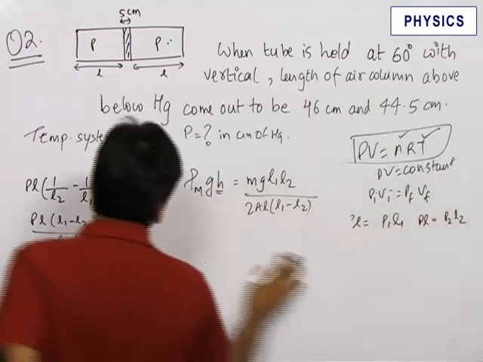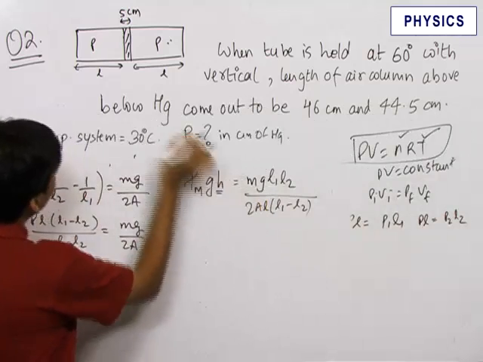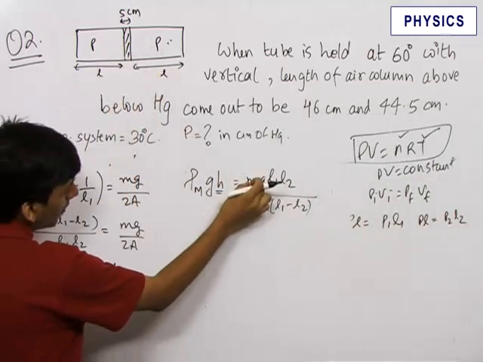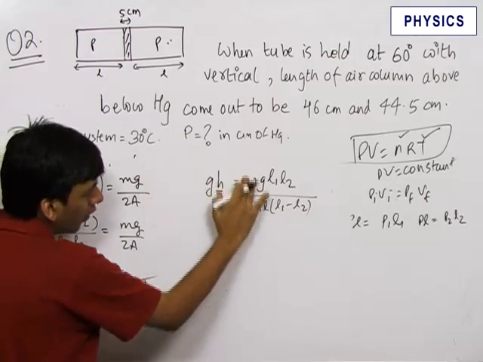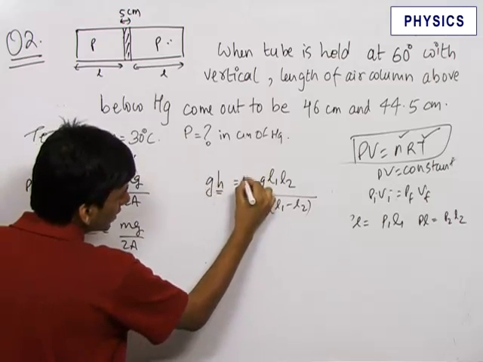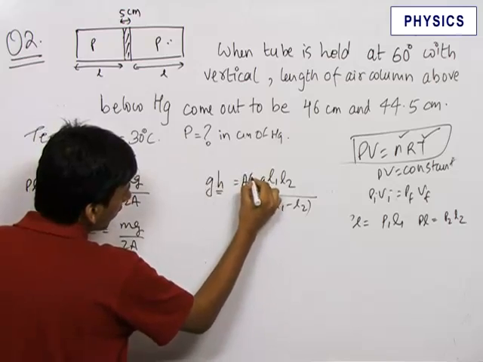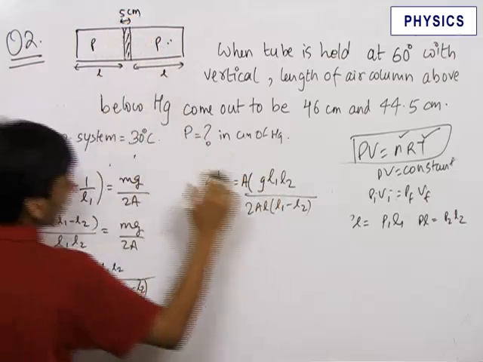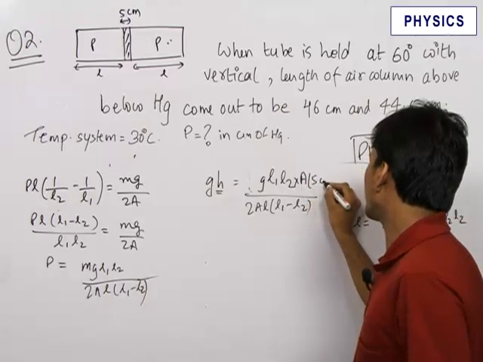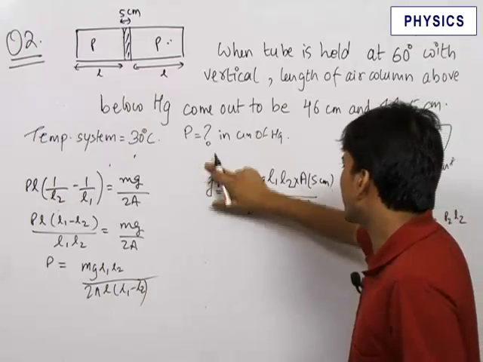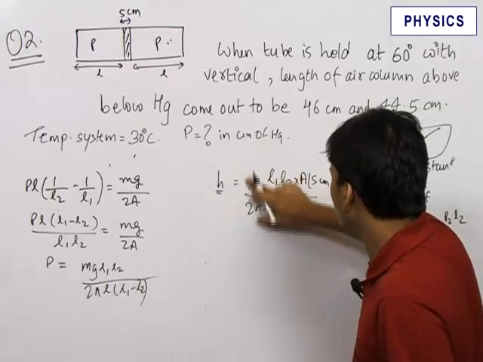Now mass of, this is the mass of mercury over here. Therefore mass of mercury upon the density of mercury can be written to be volume of mercury, that is equal to A into 5 centimeters. Therefore let us write into A into 5 centimeters over here. This G gets cancelled with the G over here.